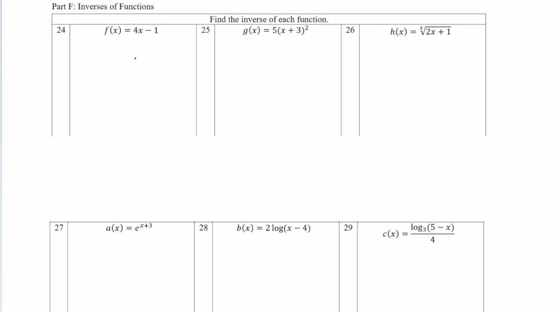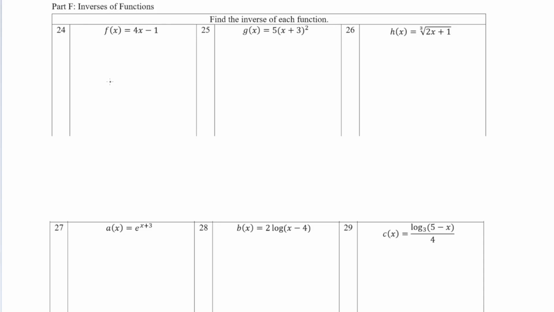And inverses, again, it's just what steps do you have to take to solve this equation? For instance, if this was 5 equals 4x minus 1, well, in order to solve this one, I'd add 1, and then I'd divide by 4, right? So that's how to solve this equation if I plug in some y value for f of x. An inverse function is only asking, what if I wanted to solve for any given y value?